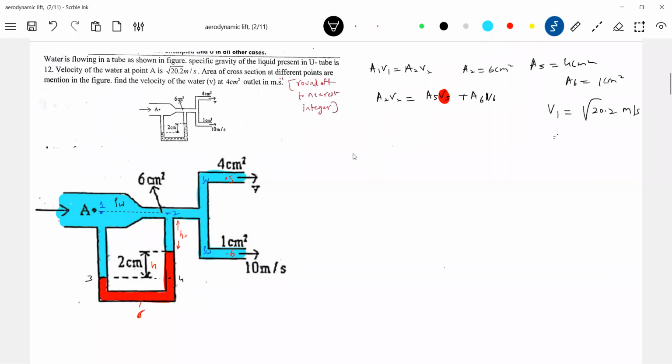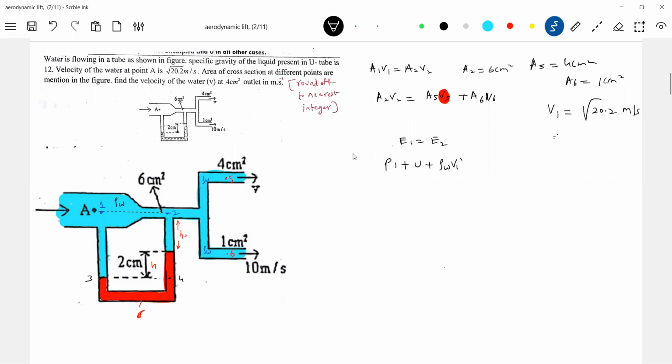Okay, let's write Bernoulli's equation between 1 and 2. E1 should be equal to E2. So P1 plus, they're at the same energy level, no?